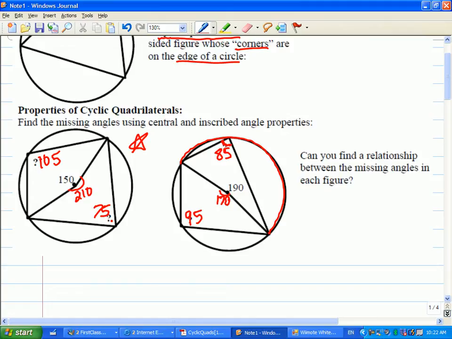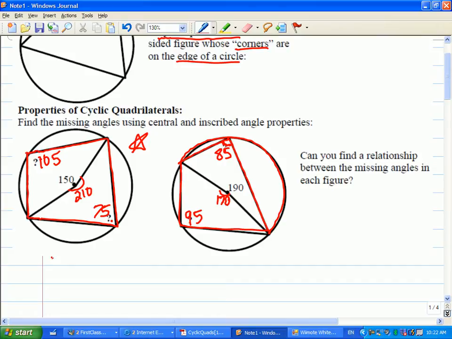Okay, so can you see a relationship then between the cyclic quads, which are these four-sided figures in these circles? They add up to 180. That is correct. If I do it over here, I end up with the same.